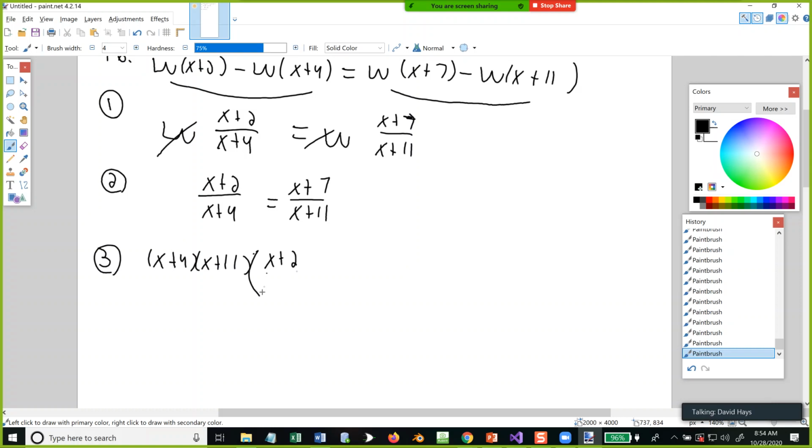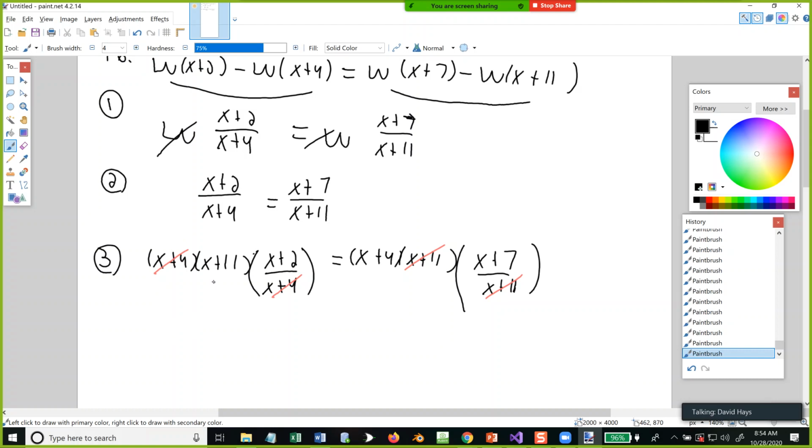Or if you learned cross multiply in a previous class, you could do that. So when I do that, that x plus 4 cancels that x plus 4, this x plus 11 cancels that x plus 11.